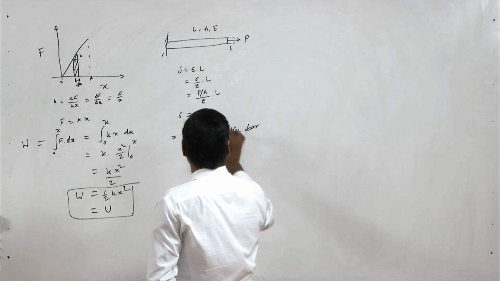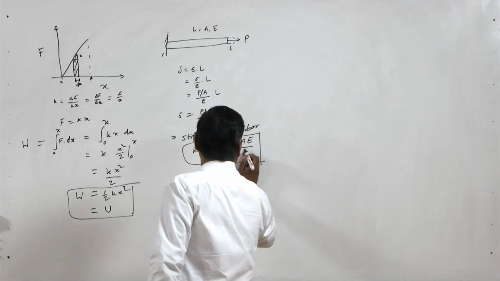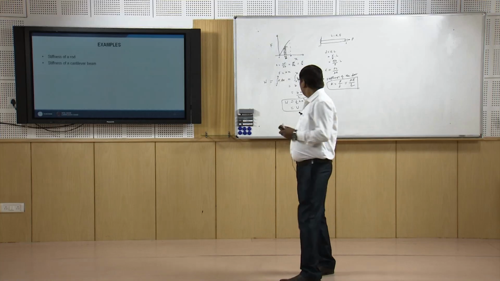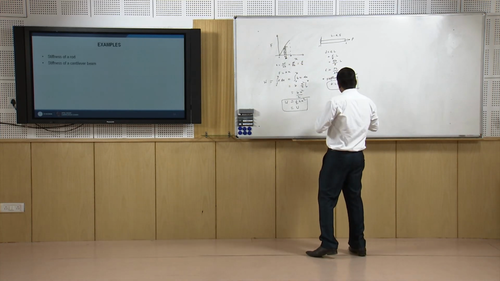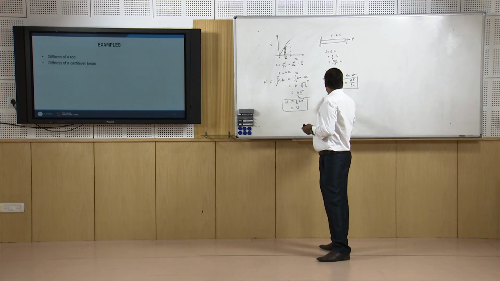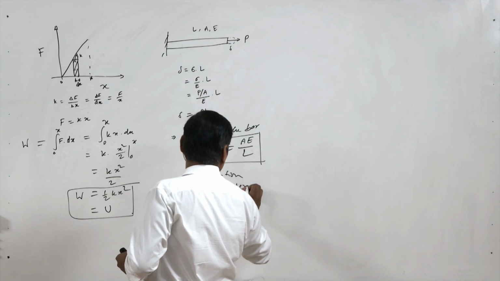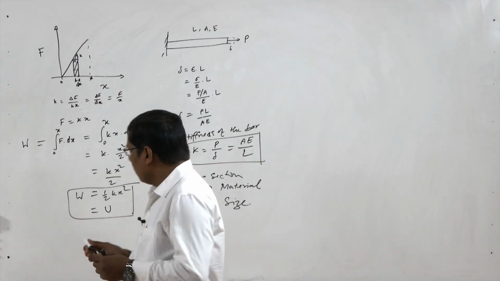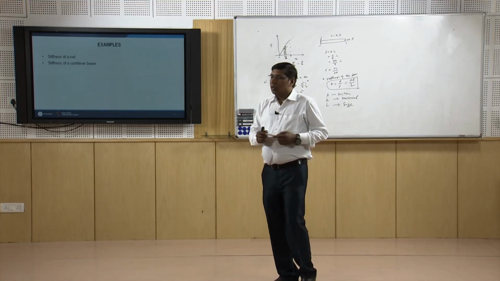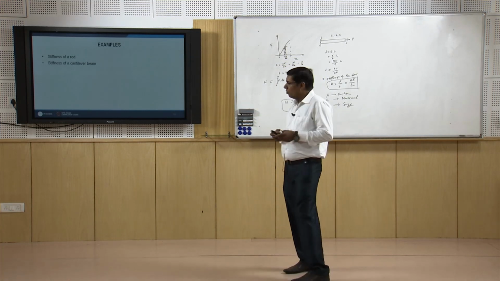So we can write P upon delta, so it is AE by L. So here we can see that the stiffness K equal to AE upon L. So stiffness is property of A, that is section, E, that is material, because it is the material properties, and L, that is the size, so length. So stiffness depends on the material, the section, the size, all these factors of this bar.